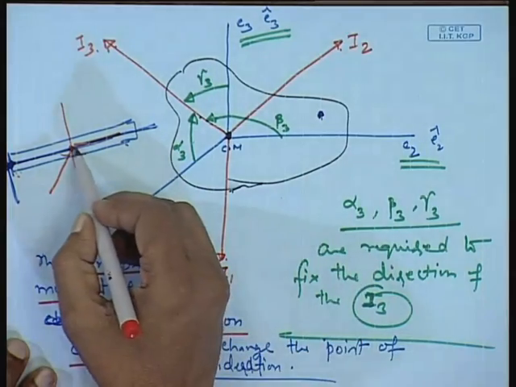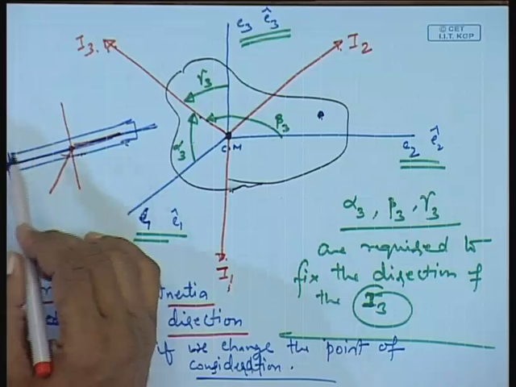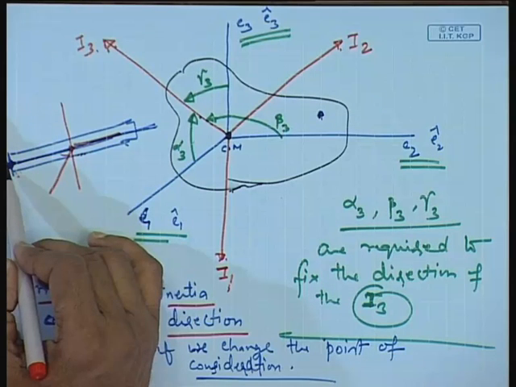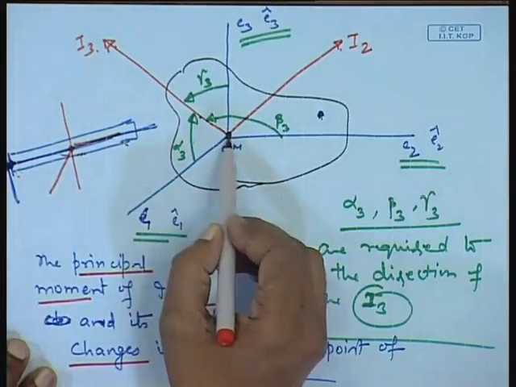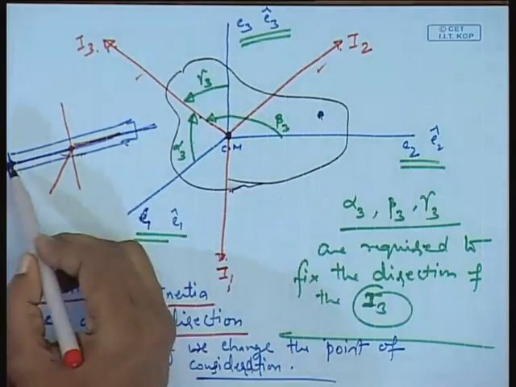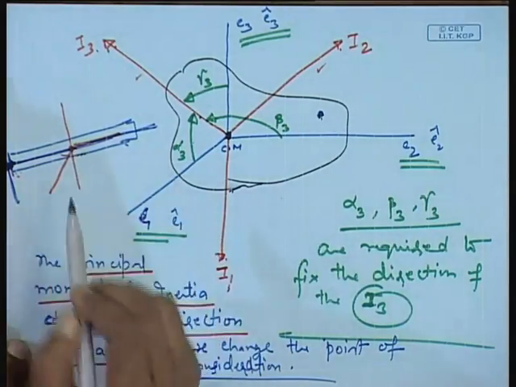Okay. So, here the principal moment of inertia will be something else, and at this point it will be something else. The direction of the principal moment of inertia at this point, as we have shown here, will be different. At this point also it will be different.